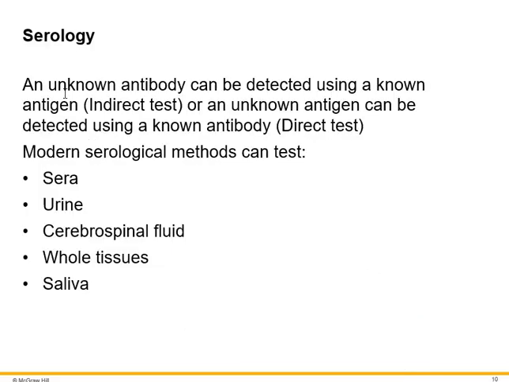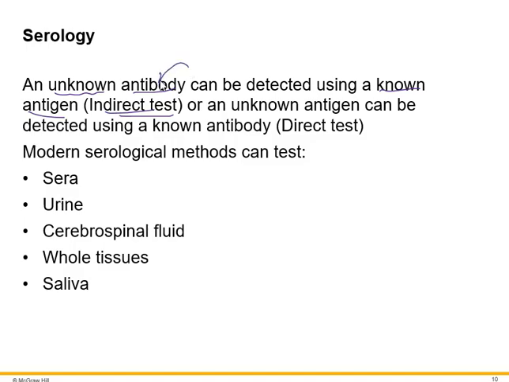So in serology, you take an unknown antibody and it can be detected using a known antigen, or vice versa. You can look at an unknown antigen and detect it with a known antibody. And this is pretty much the key thing that I want you to know from this section. So if you have an unknown antibody, then you're going to have a known antigen, and that is an indirect test.